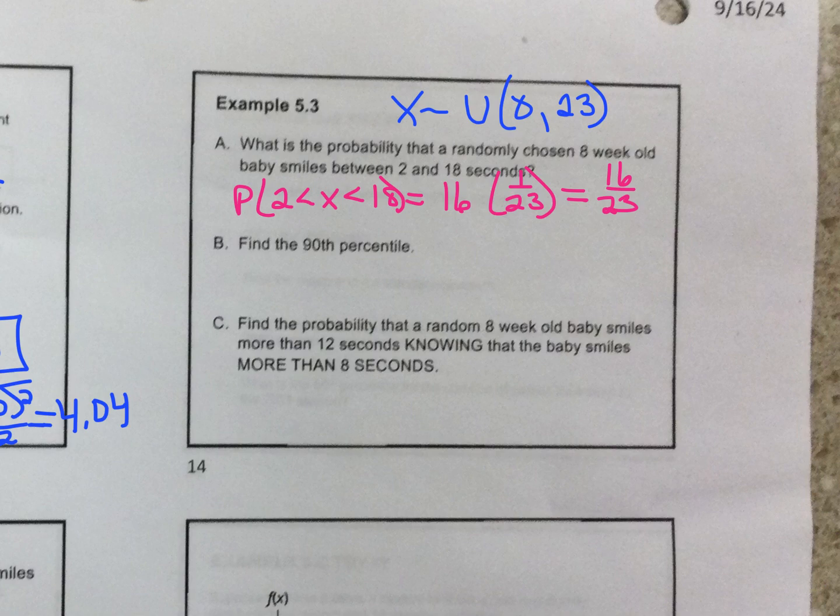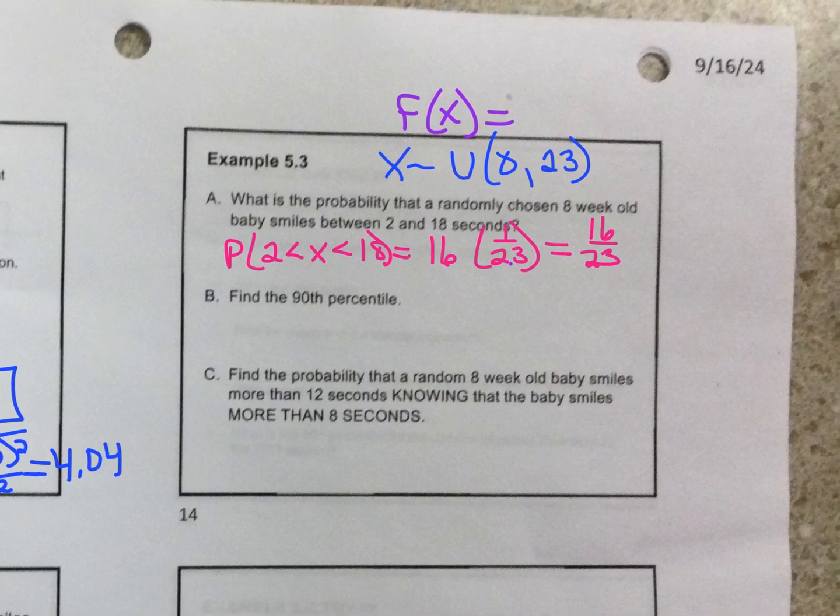Where you might wonder where I got the 1 over 23. Remember, f of x, or my y, equals 1 over b minus a. So in this case, it'd be 1 over 23 minus 0, which is where I get my y value.